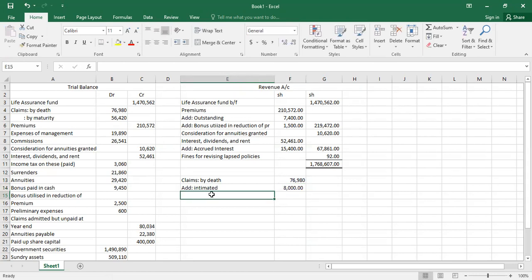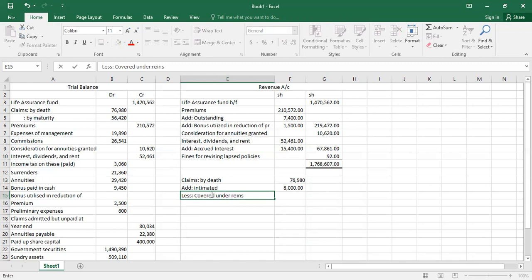We had also a coverage under the reinsurance, so we are going to less. Claims covered under reinsurance.